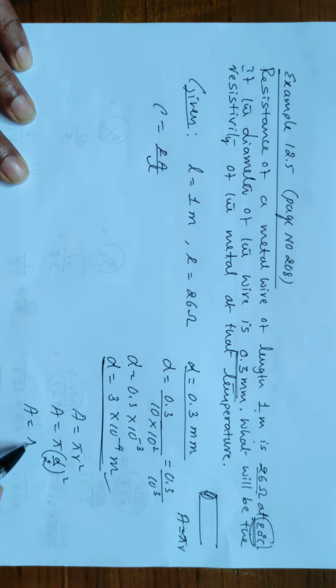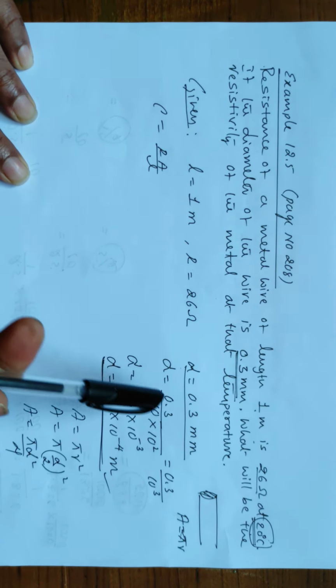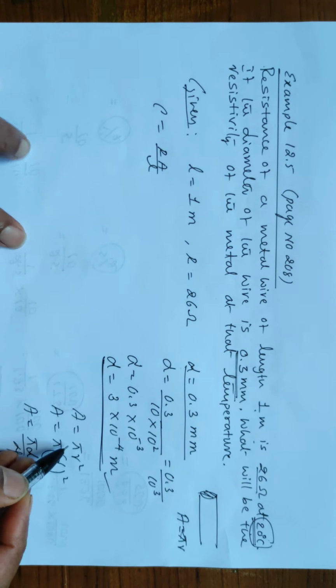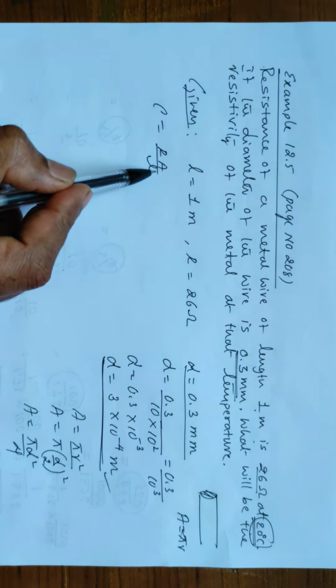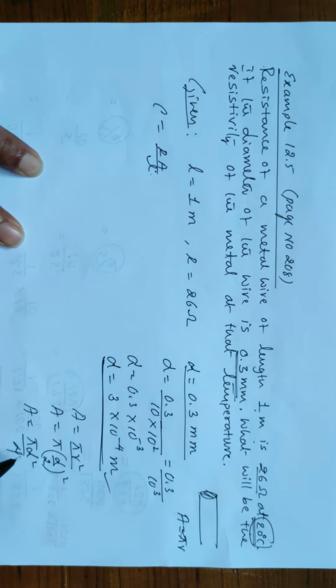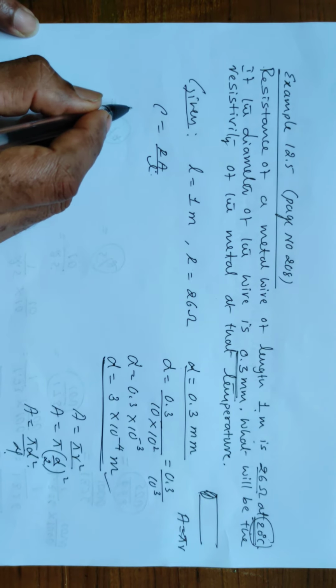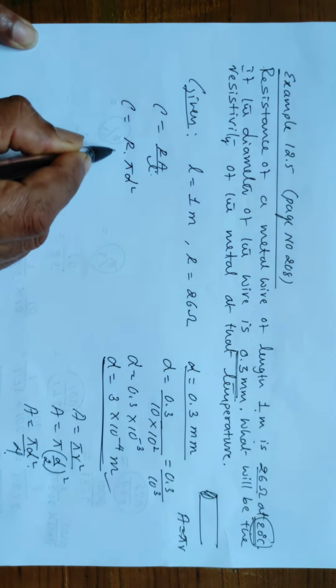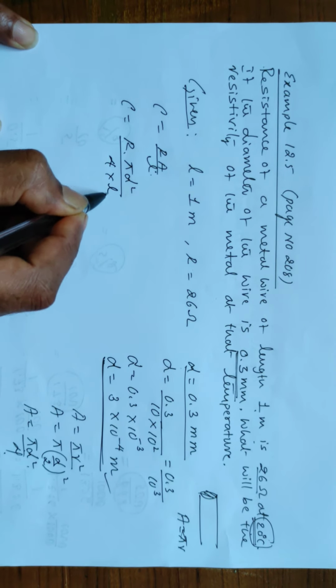So A is equal to pi d square by 4. You can write pi r square in place of A, or pi d square by 4 in place of A. So rho is equal to R into pi d square by 4 into L.